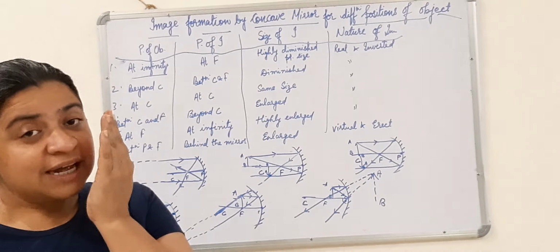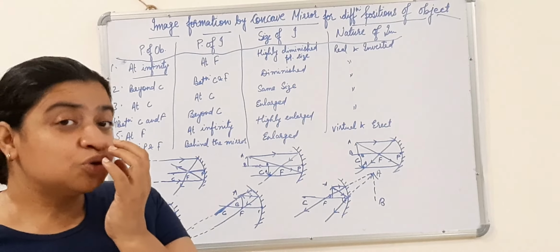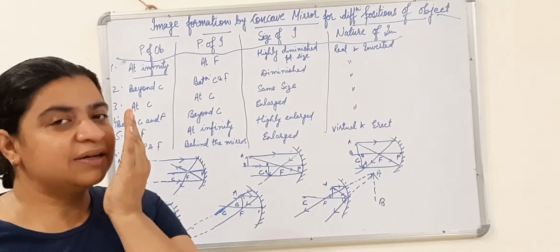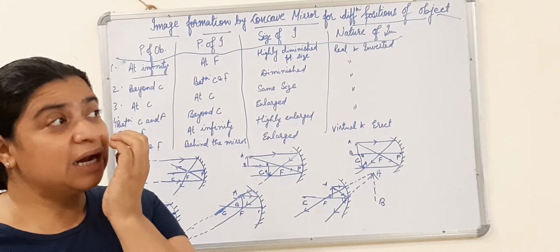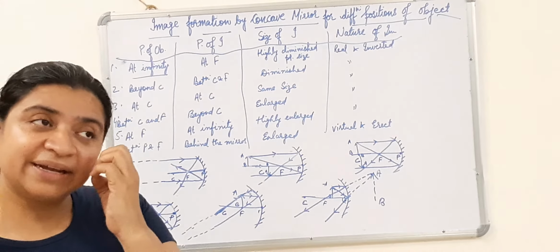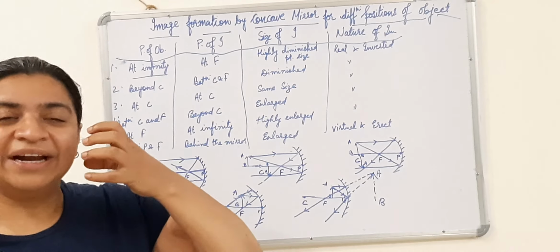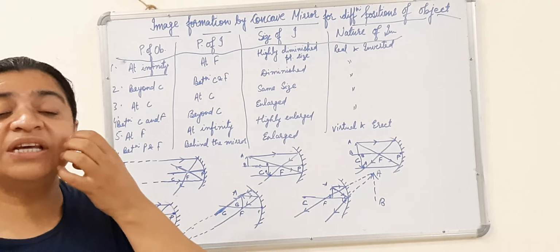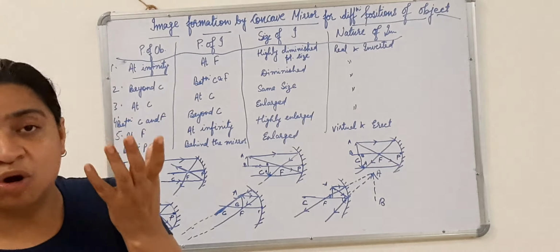The object is your tooth, kept near the mirror, between pole and focus, so an enlarged image is formed and that image is virtual as well as erect. Erect also, virtual also, and it is enlarged also. It is easier for the doctor to see the decayed part or the tooth which has any problem.